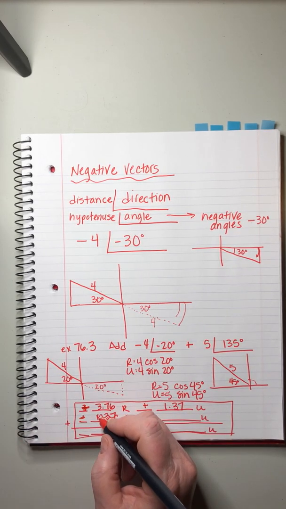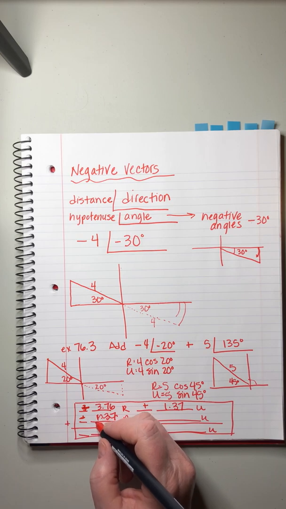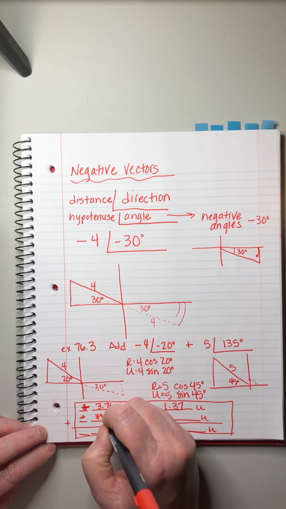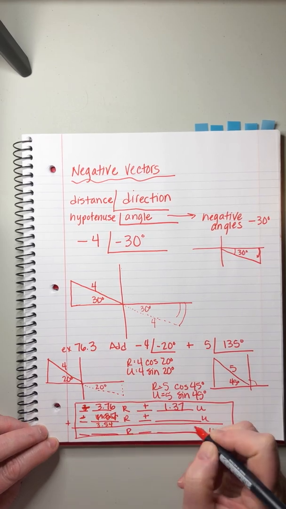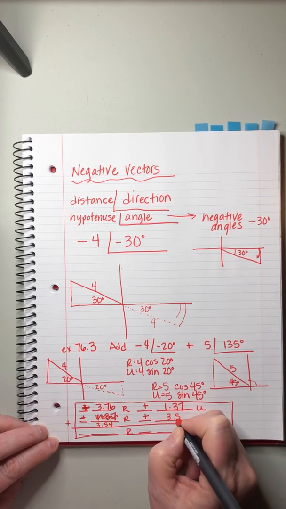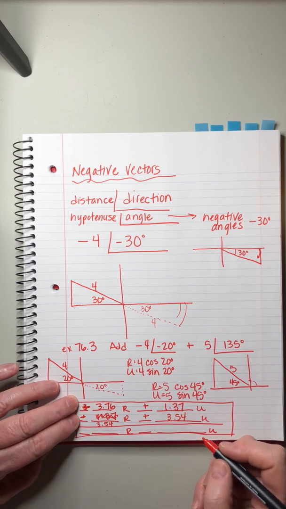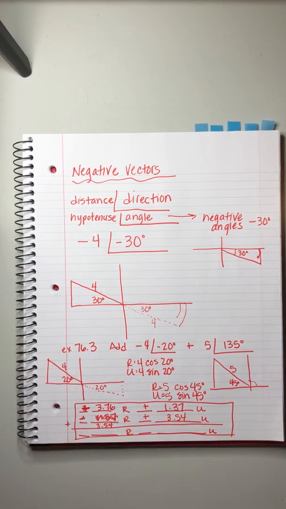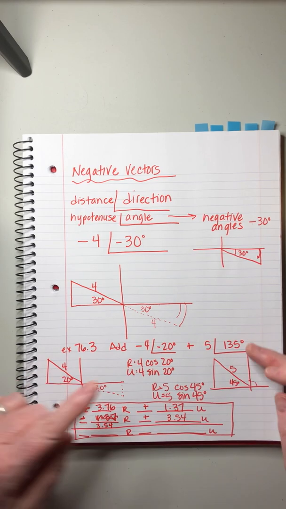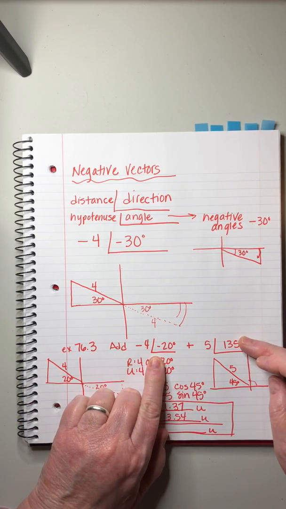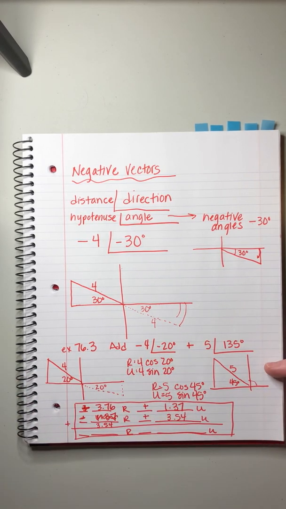This value is, they're both 3.54. These are both negatives, these are both positives, which makes sense because they both ended up being second quadrant angles, although you never would have known that just to look at them in the first place, right?